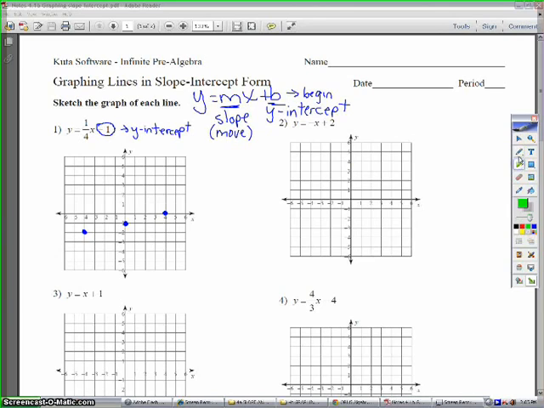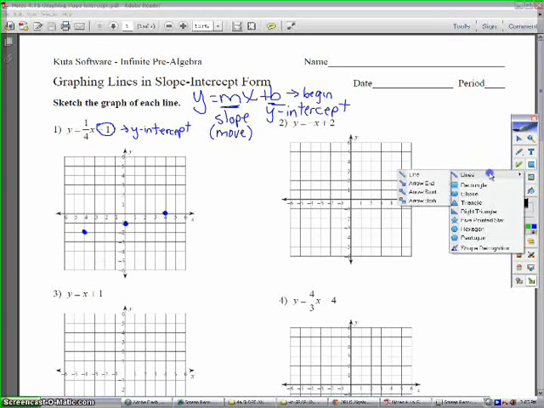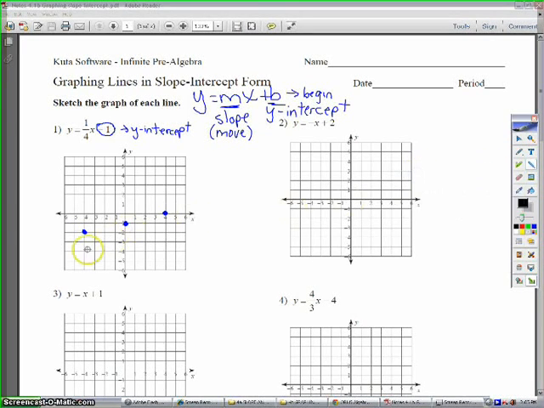And then I'm going to draw my line. Let me see if I can find my line tool here. Okay, and I want to draw a line through all 3 of my points.